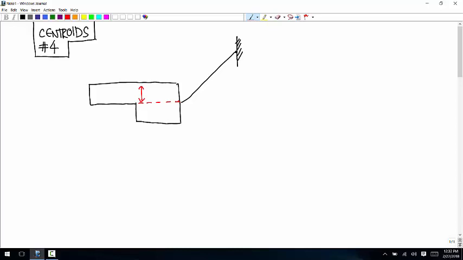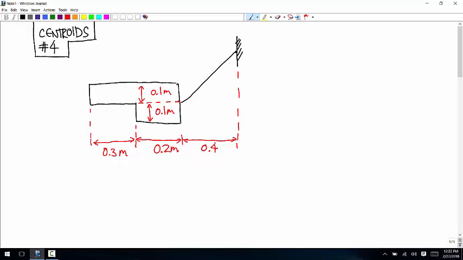Okay, so this distance is 0.1 meter. This is 0.1 meter. This is 0.3 meters. This is 0.2. This is 0.4.